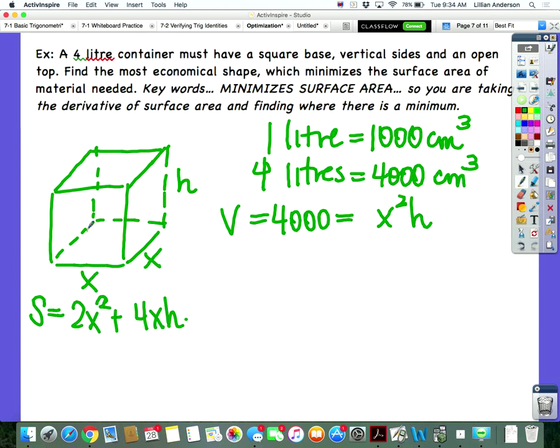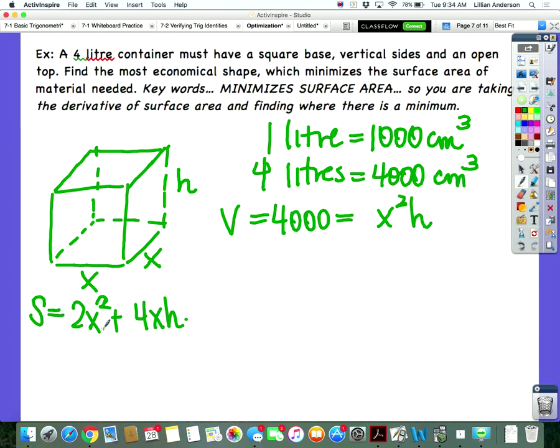You do not take the derivative in this class when you have two different variables. You can, but that's not for this class. So in order to take the derivative, you have to have the same variable all the way through. So what you do is you use this other equation that we've created using the volume to solve for that variable. And then we're going to plug in.